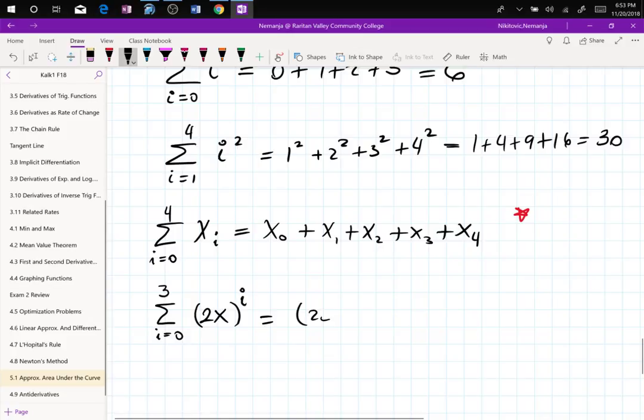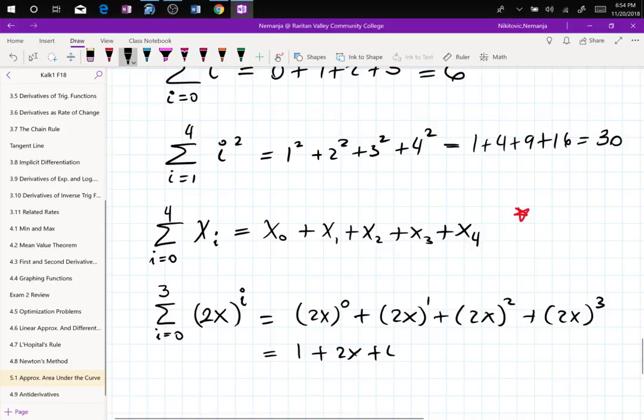This is 2x raised to the 0 plus 2x raised to the 1 plus 2x squared plus 2x cubed. 2x to the 0 is 1, plus 2x plus 4x squared plus 8x cubed. And we have a polynomial that was written in compressed form this way.